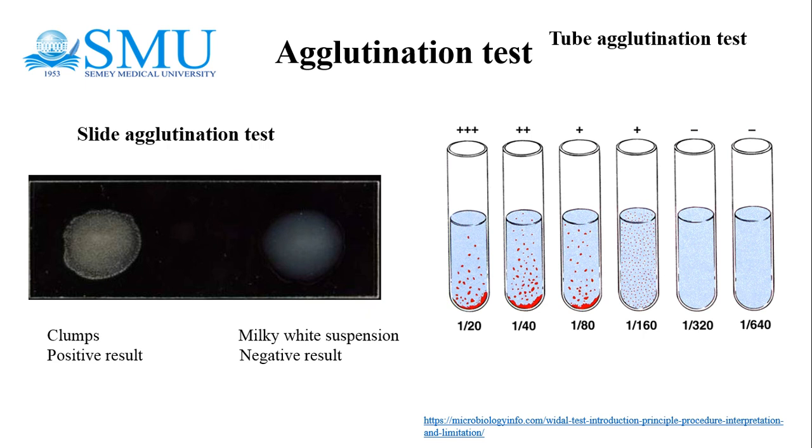A positive test indicates agglutination, with clump formation at the bottom of the tube and clearing of the supernatant. A negative test indicates agglutination has not occurred; the antigen suspension forms a button at the bottom of the tube.